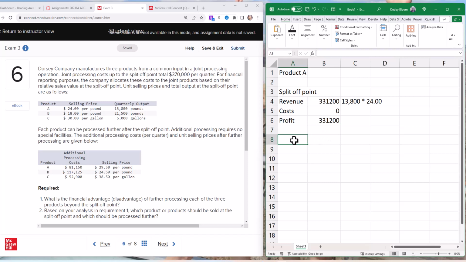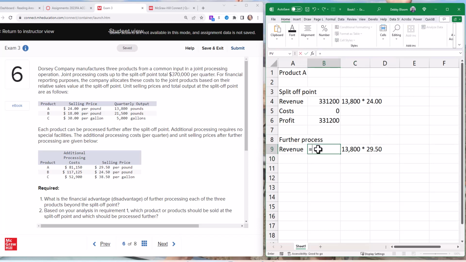If instead we decide to further process, we would have our revenue. Our revenue would now increase to 13,800 pounds multiplied by the selling price at the additional processing point, $29.50 per pound.